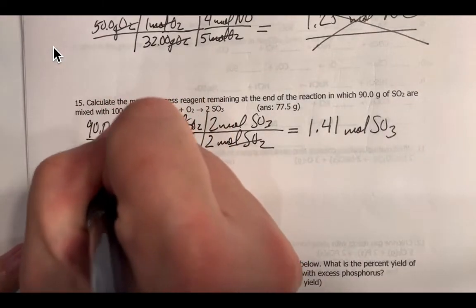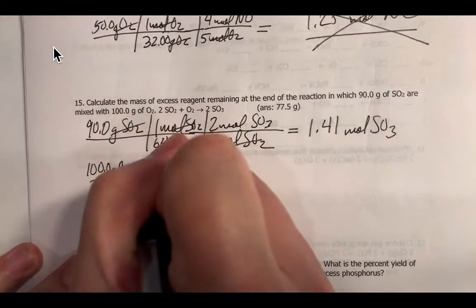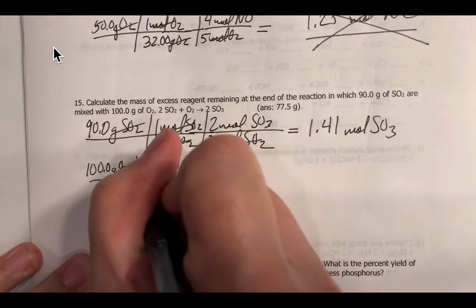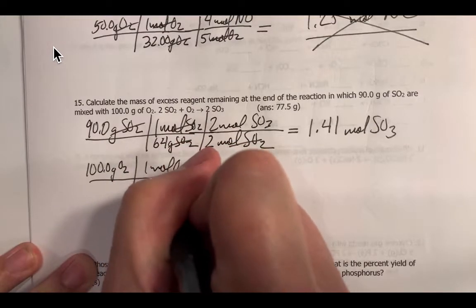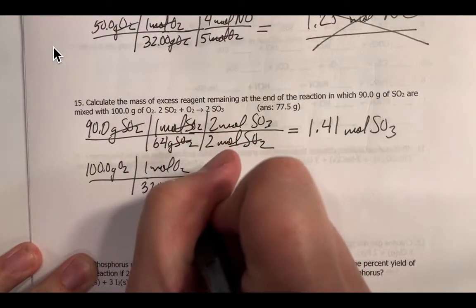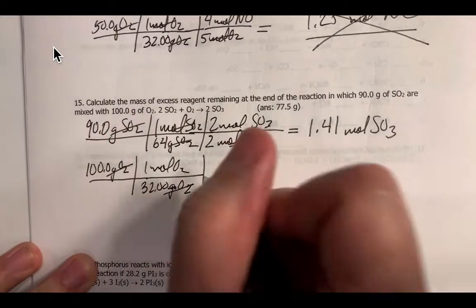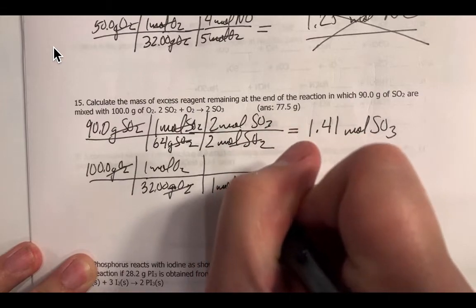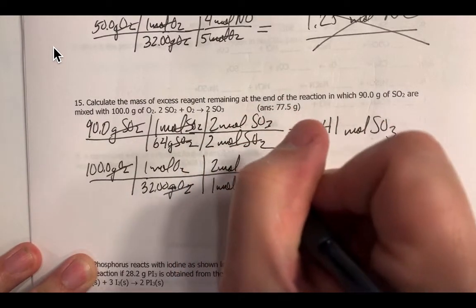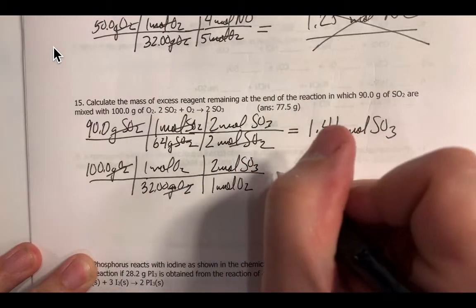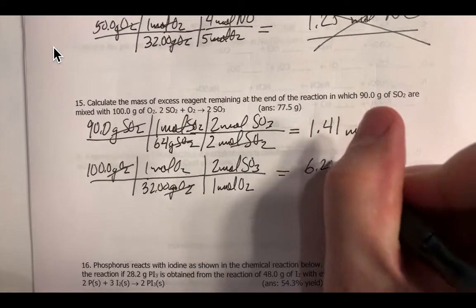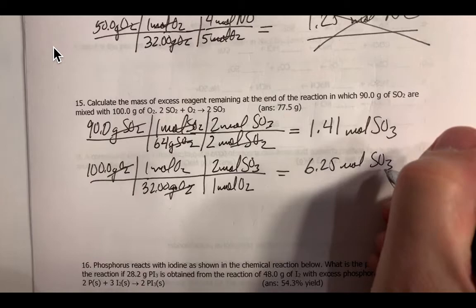And then let's say 100 grams of O2. .25 moles of SO3.